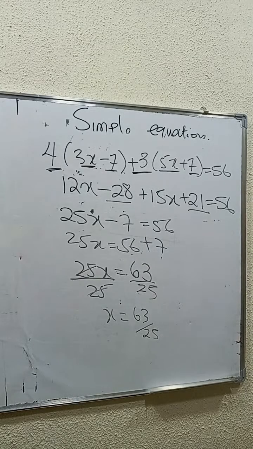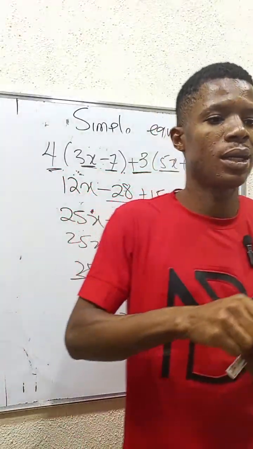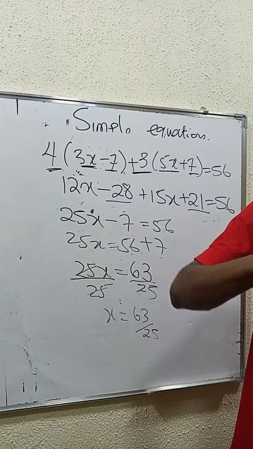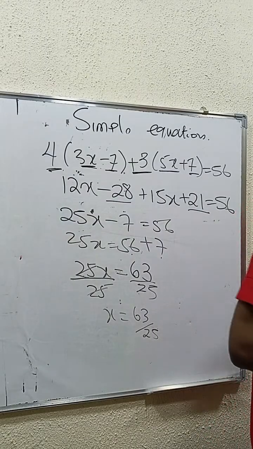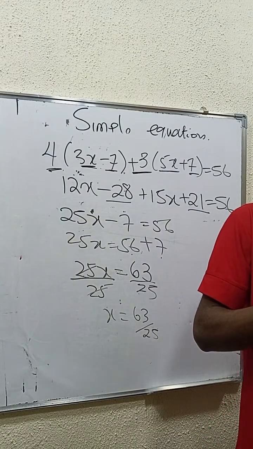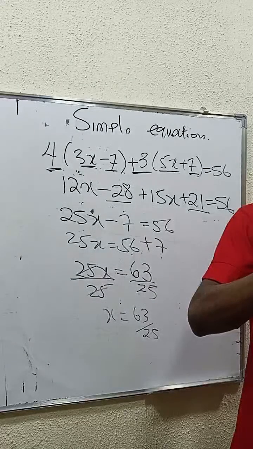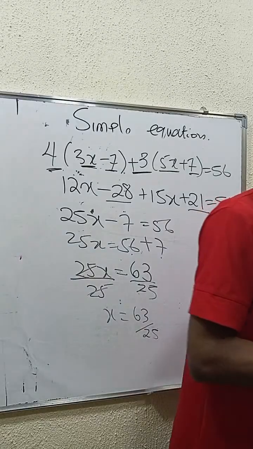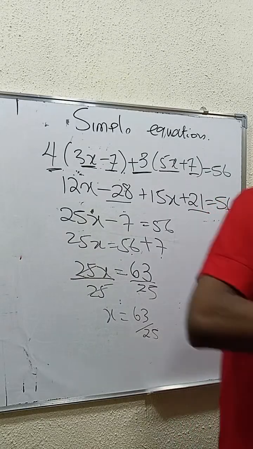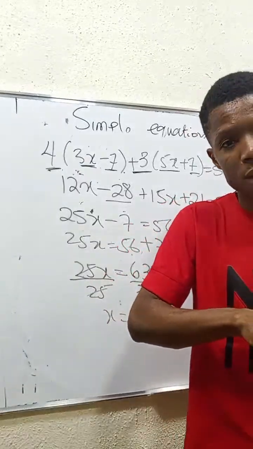Okay, so this is how we solve simple equations that involve brackets. Remember, the first thing we do in solving this type of problem is to open up the bracket. Then the next thing is to collect like terms, bring the variables together.